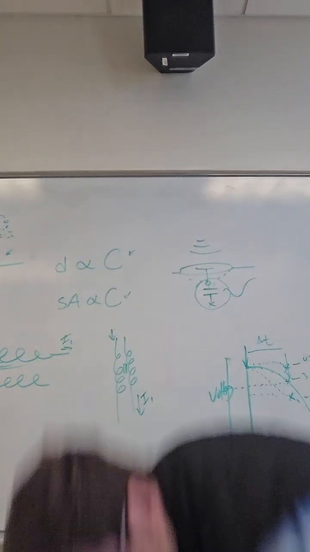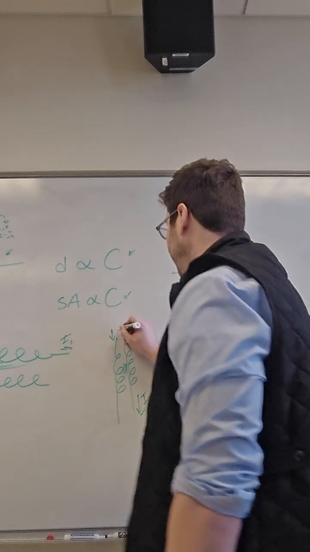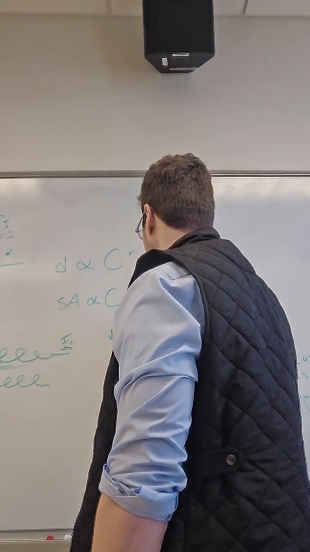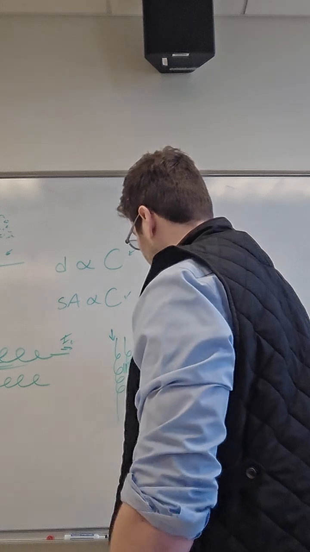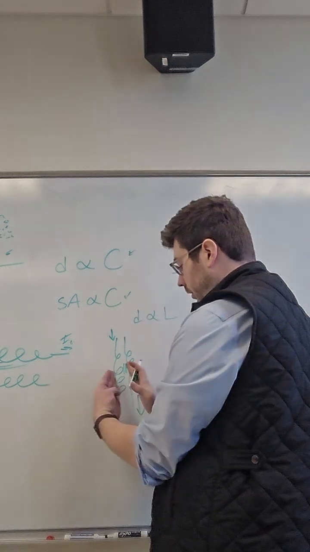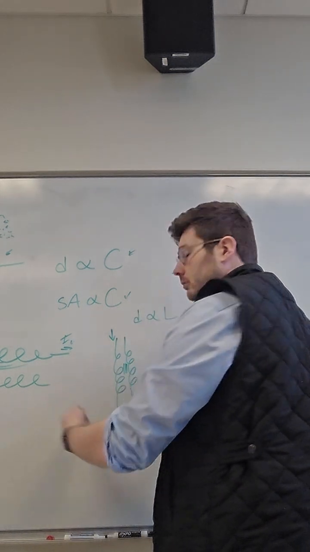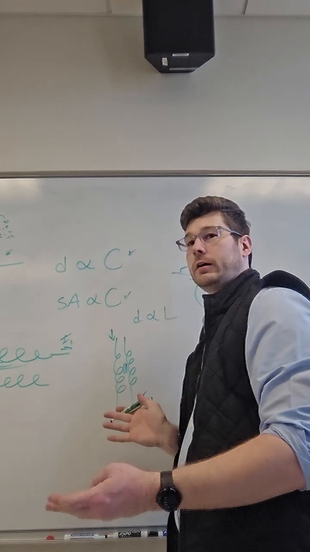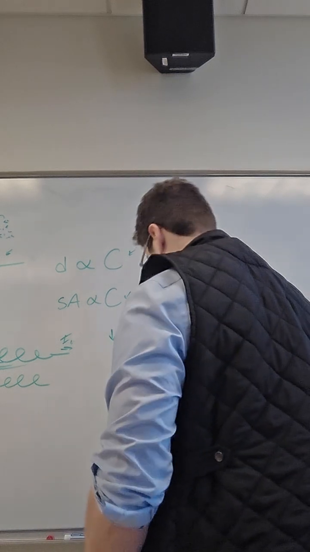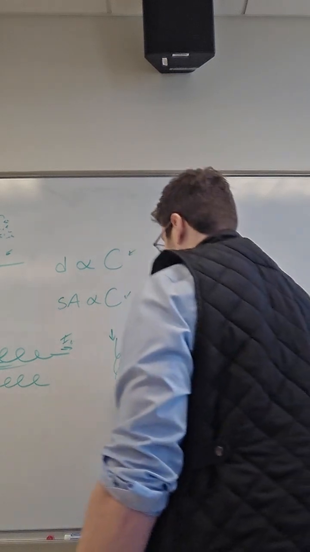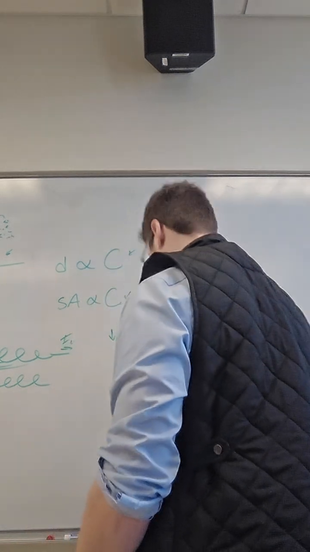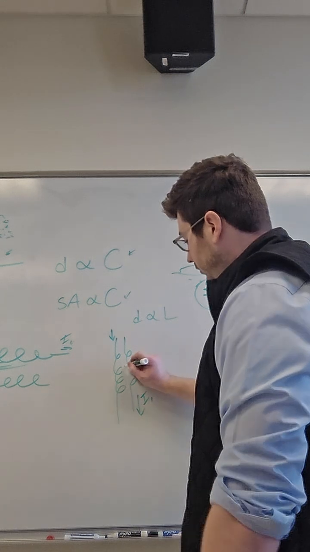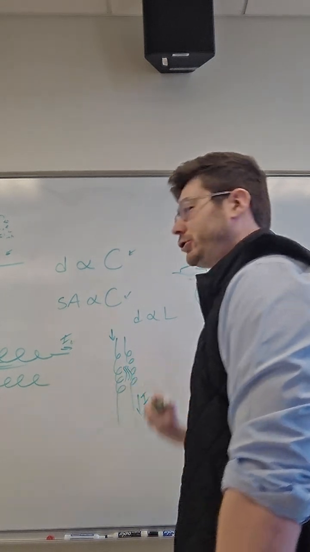Like capacitance, it also scales with distance. So inductance is L, actually. If we were to smush these coils together or bring them apart, that could be one way that we could change that. Another is the idea of magnetic permeability.